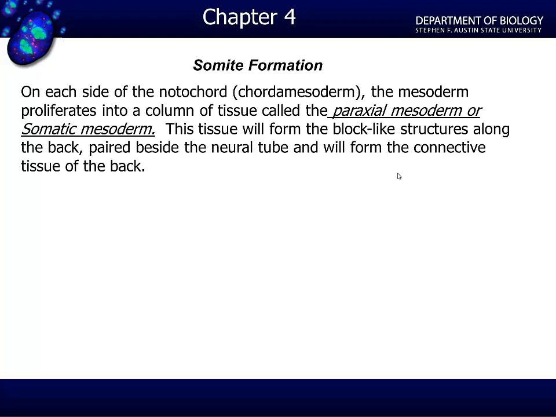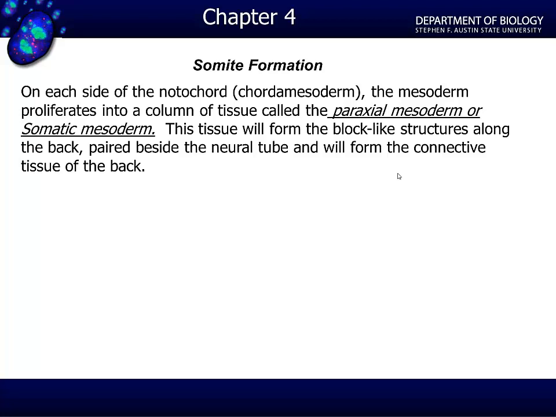Well, as we look more at this lateral mesoderm, if we divide the embryo into a cross section, a transverse cut, we're going to see that we have mesoderm that's close to the neural tube, and then we have mesoderm that's further away on the lateral aspect, and we have mesoderm in the middle. So the mesoderm that is immediately adjacent to the neural tube, we refer to that as the paraaxial mesoderm, the axis being the neural tube.